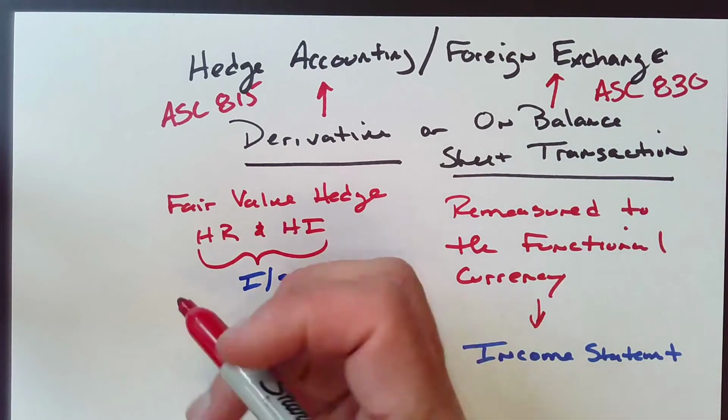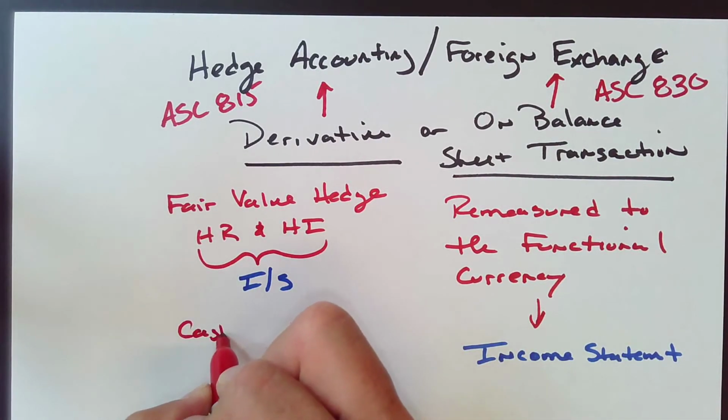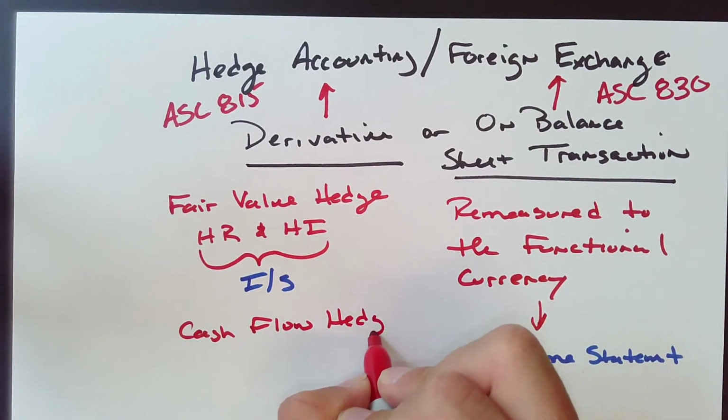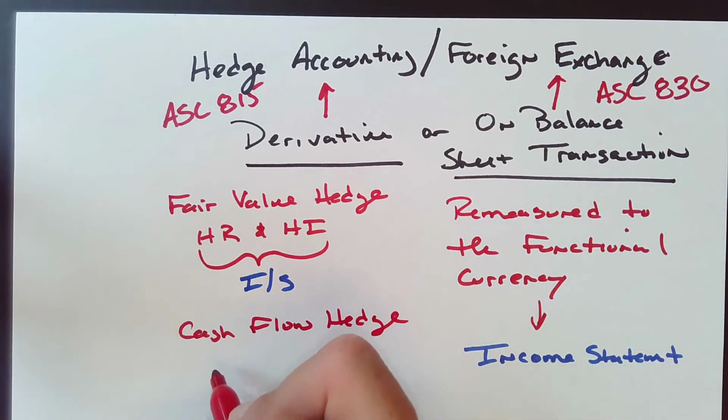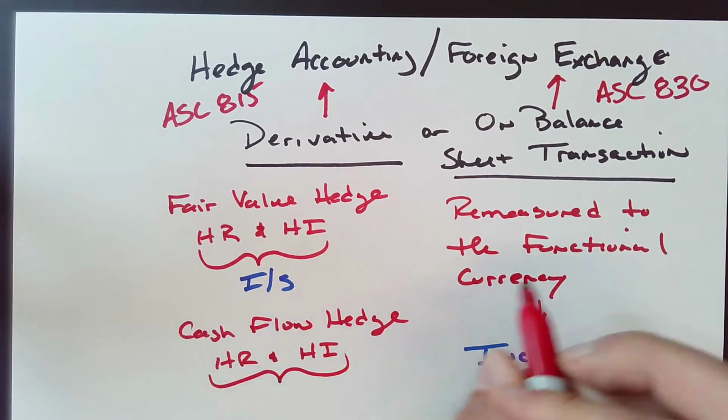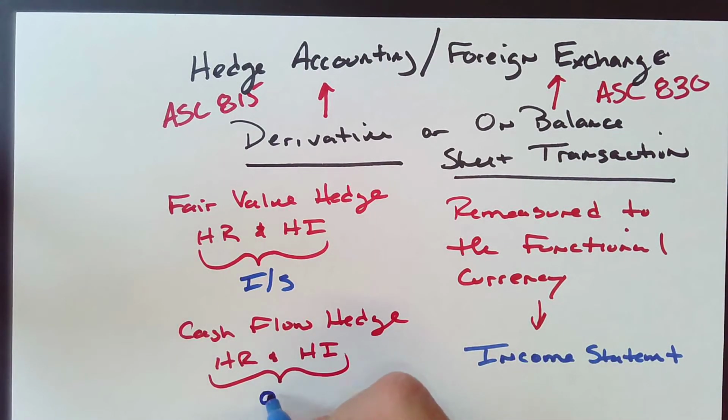If it is a cash flow hedge, the hedged risk and the hedging instrument, both of those go to OCI.